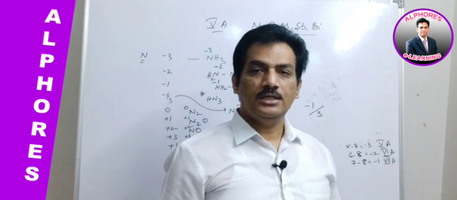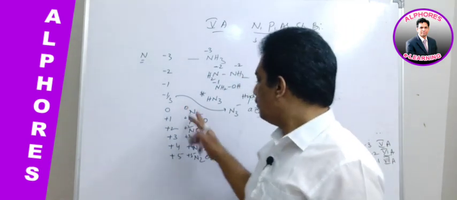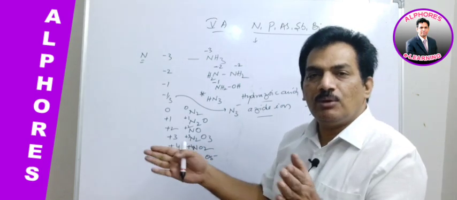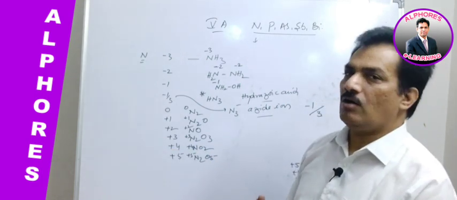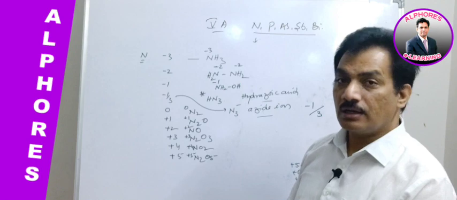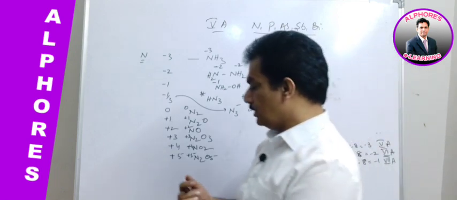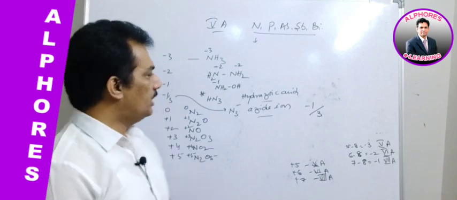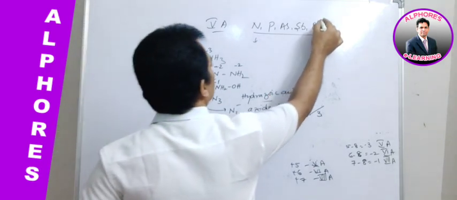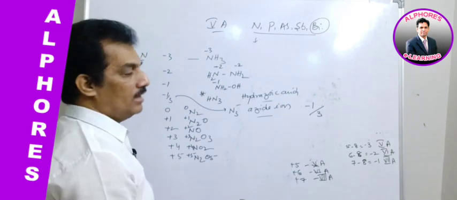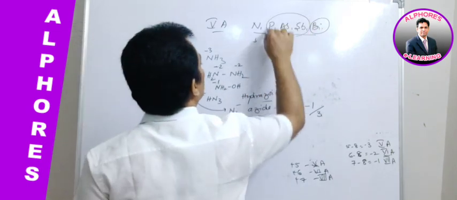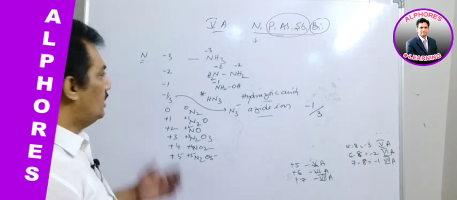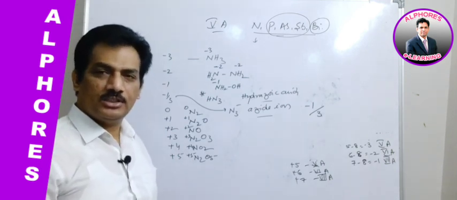Like that, in these different compounds, nitrogen is able to exhibit this much of variability in its oxidation state. Clear? That is about that. And now in this group, one more element we have to discuss, that is nothing but bismuth. And you remember, all these elements are not supposed to exhibit this much of variability. Dear students, are you following? Only the first element exceptionally exhibits this much.